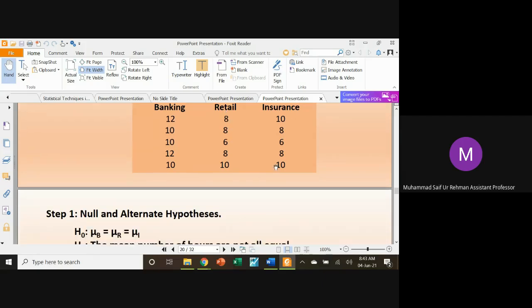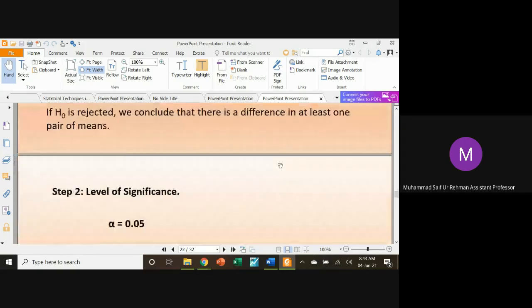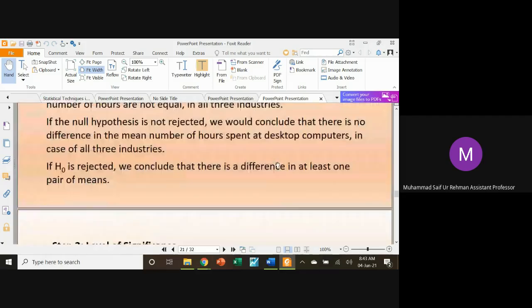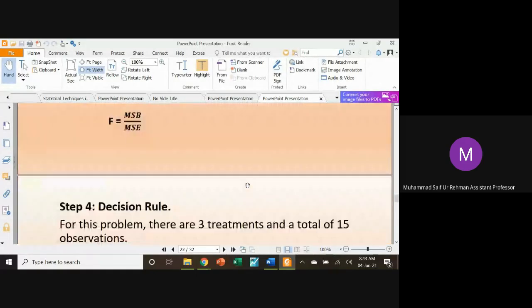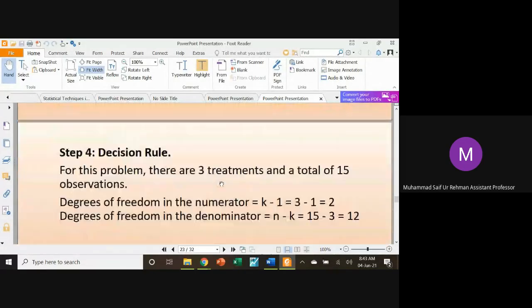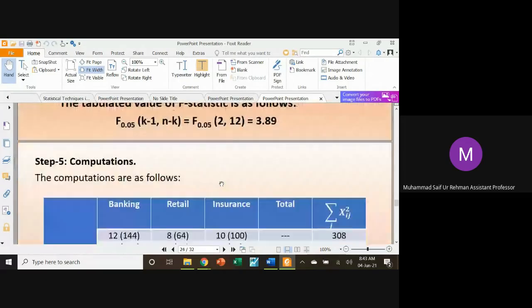Okay, so in this case we set the null hypothesis as this, you can see, and finally we proved or disproved the null hypothesis, definitely by using the specific technique that we used over here.